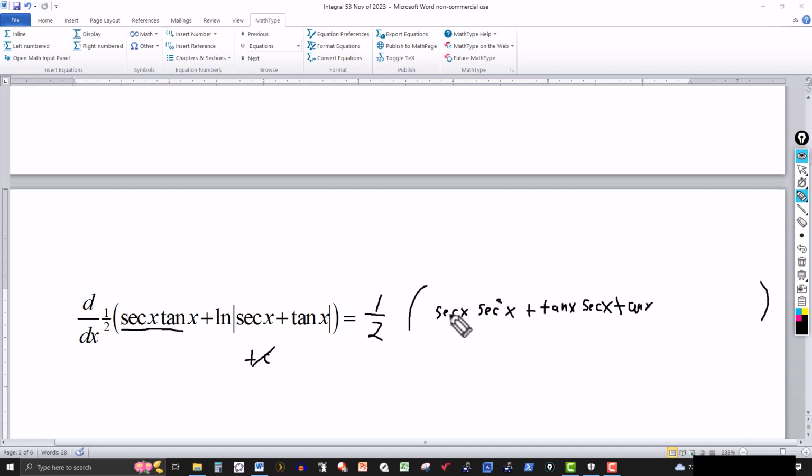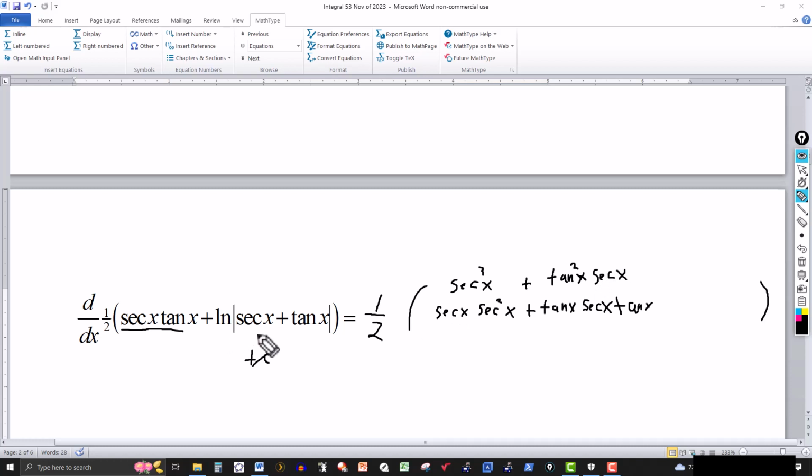So let's rewrite this here. Secant times secant squared is going to be secant cubed of x. And then right above here, we've got tangent times tangent, so that's tangent squared of x, multiplying the tangent, still got the secant of x.